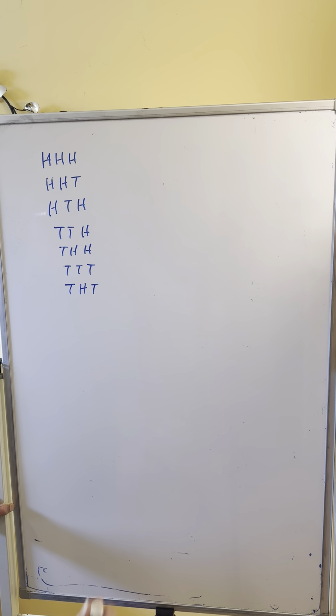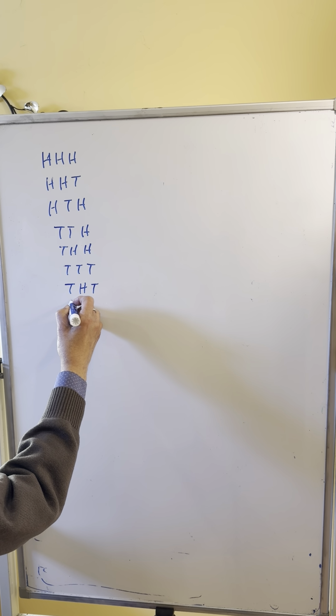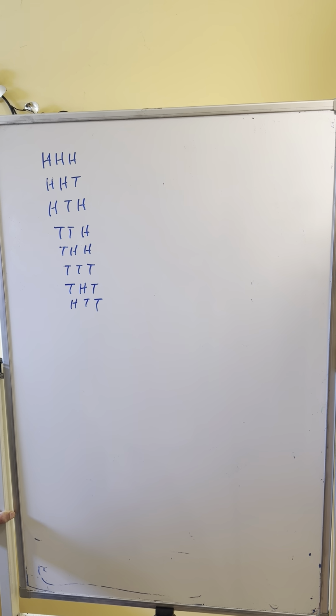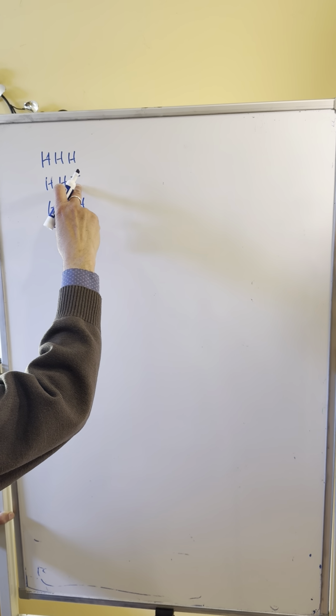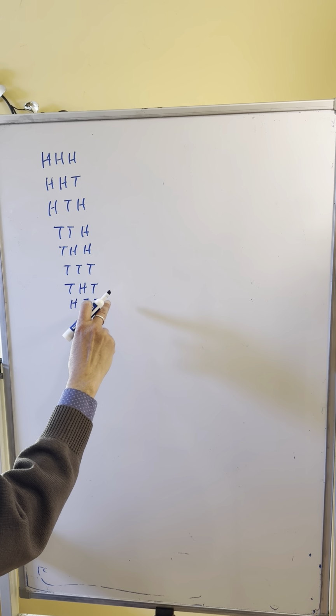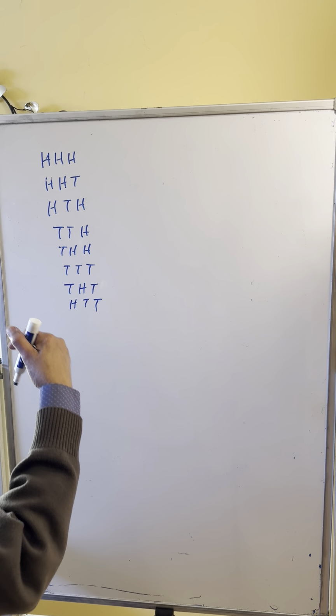Okay, so we have one more to go. And what is that, you think? This one, which is the first one is head, and the next two are tail. So there are 1, 2, 3, 4, 5, 6, 7, 8 possibilities.